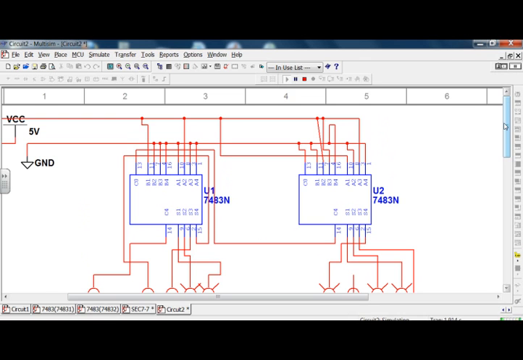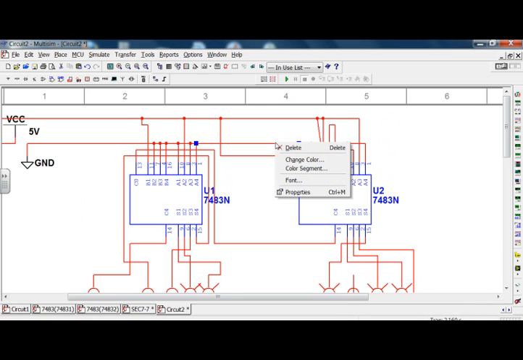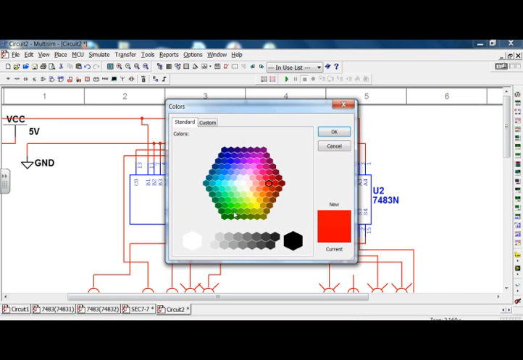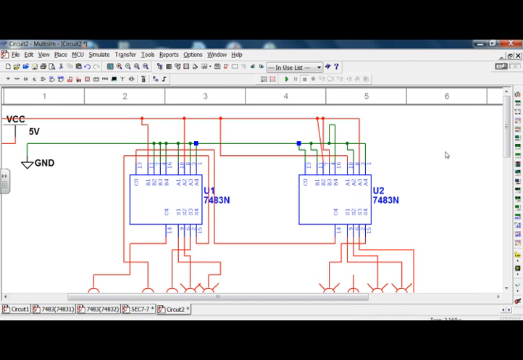Okay, what we're going to do something weird here. We're going to change the color of the zeros. Change color. I change it to green. So now all the zeros are green, and then we're going to change the red guy to blue.